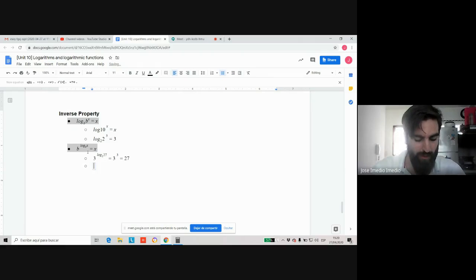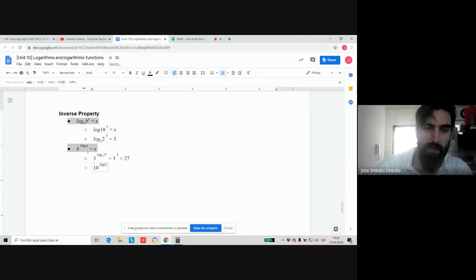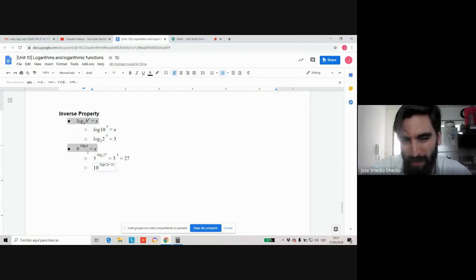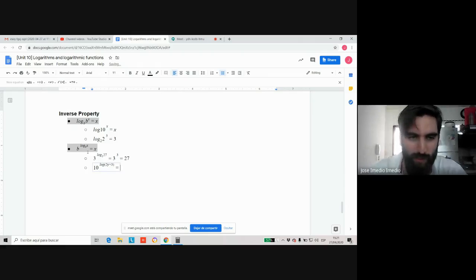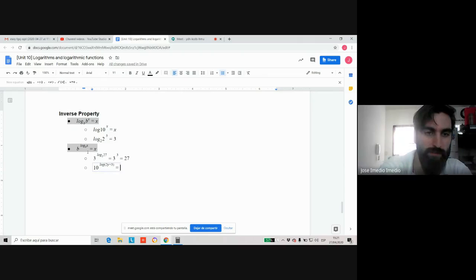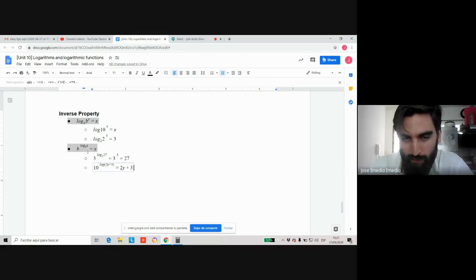That's what makes it useful, because when these things start to get mixed with variables and everything, this makes our life easier. So let's say we have 10 raised to the power of the logarithm base 10 of 2y plus 3. This looks very complicated, but it's as simple as 2y plus 3. And we suddenly got rid of the logarithm. So actually it's even better.